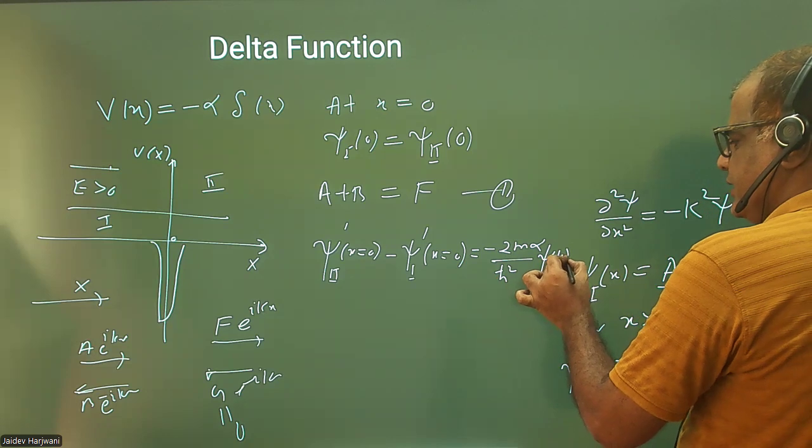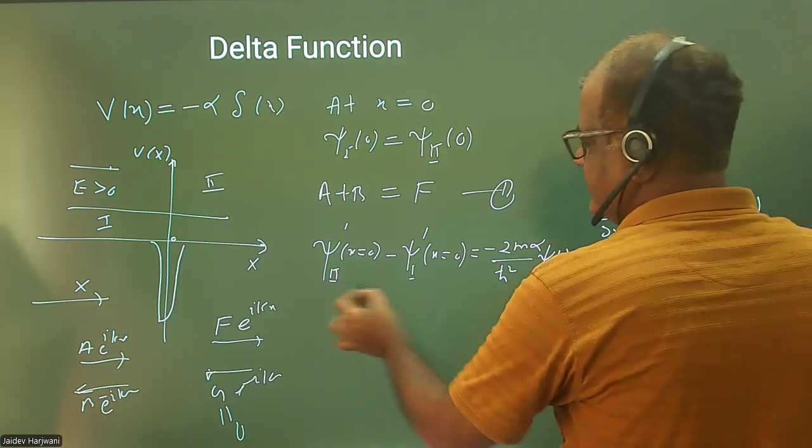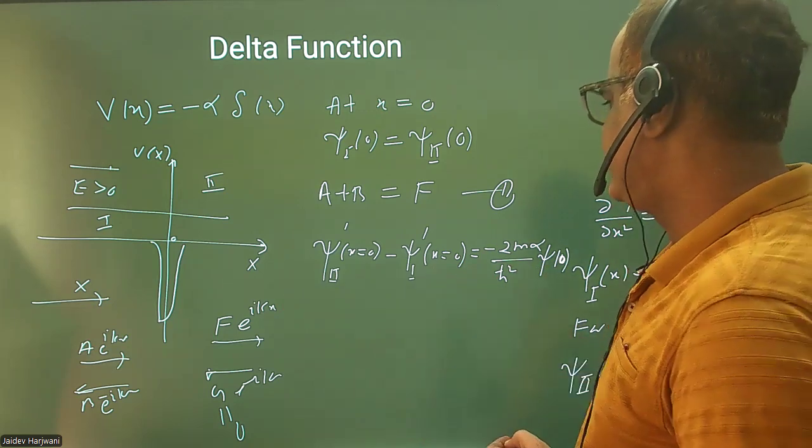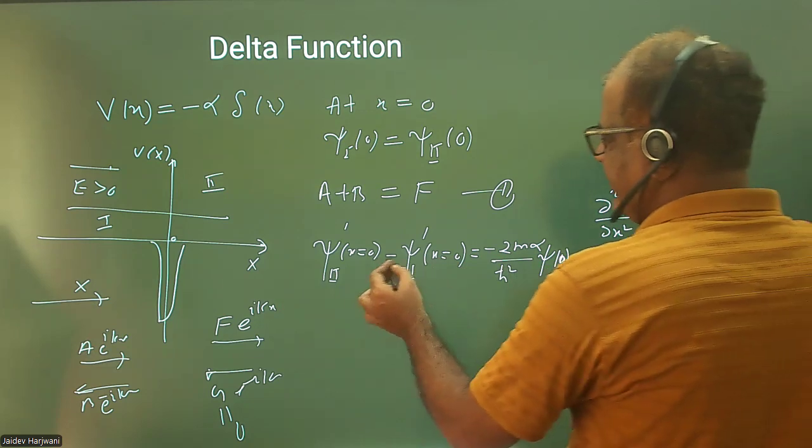This is the discontinuity condition we have derived in the last class. So now we can just put the values here.